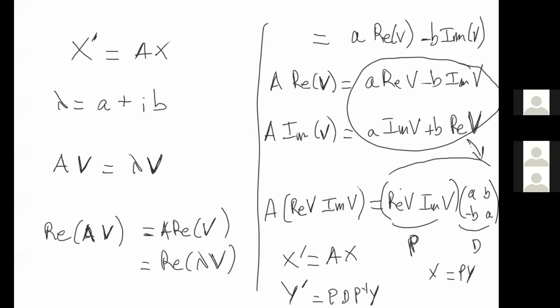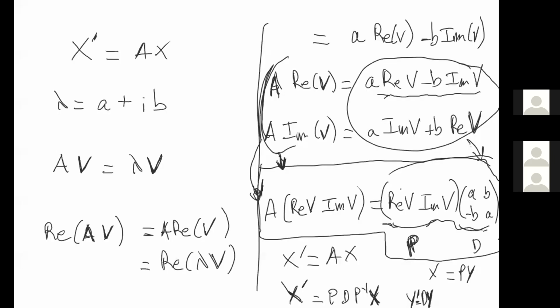Finally, you have this expression for P. So P here is the matrix with the real part of v as the first column and the imaginary part of v as the second column.